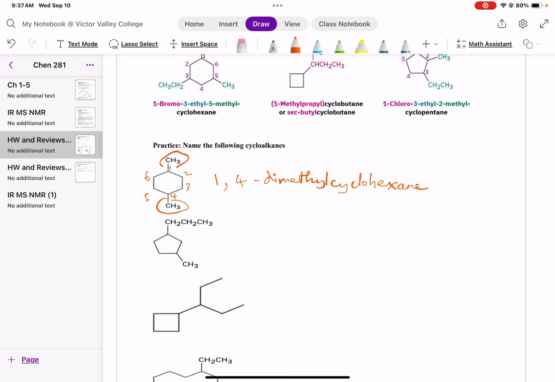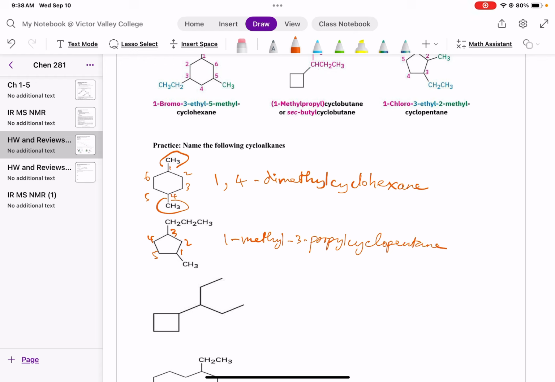Okay, now this one will be methyl and propyl. So M should go before P, so that's why it's 1-methyl-3-propylcyclopentane.